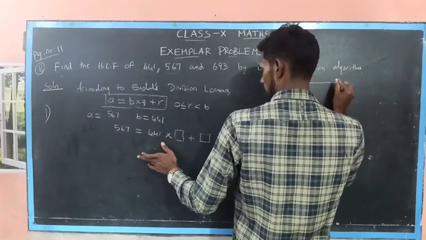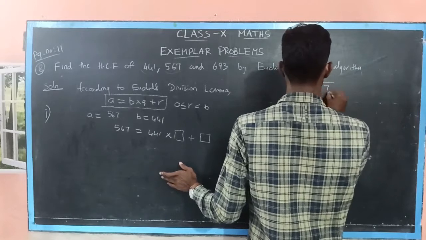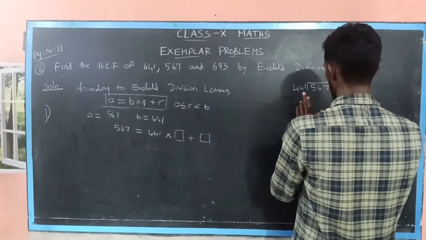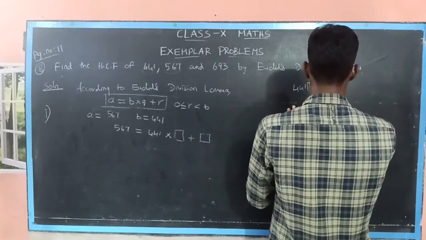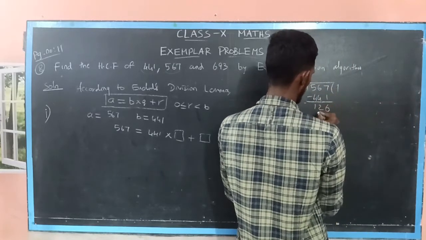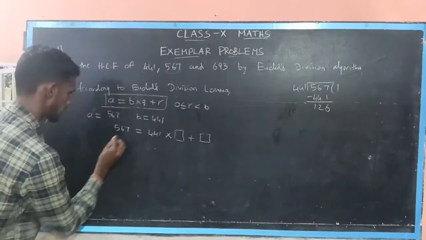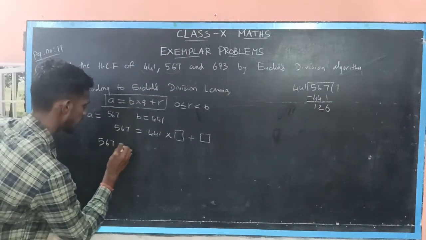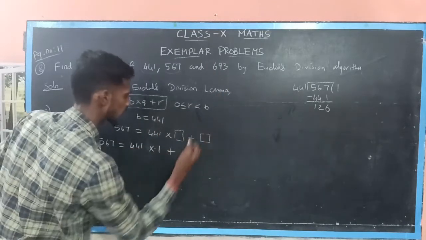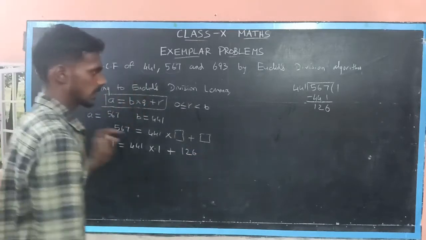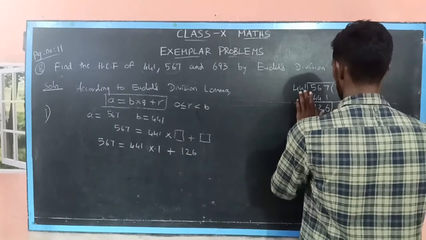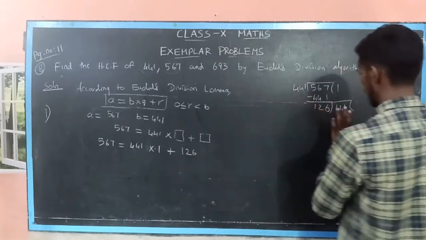So dividing the number 567 by 441, I will get a quotient 1. Subtracting these two numbers, I am getting 126 as remainder. So 567 can be written as 441 into quotient value 1 plus remainder value 126. Now in the second step, this 126 becomes the divisor and 441 becomes the dividend.